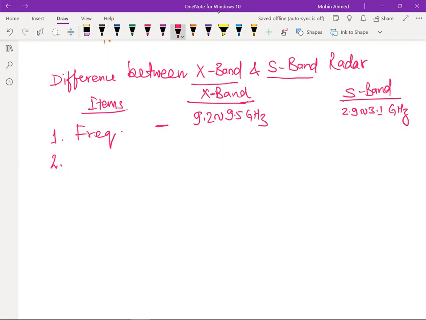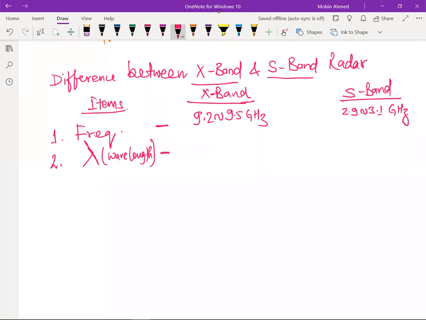Okay. Then, if you know the frequency, then you know the wavelength. Wavelength is lambda. Correct? This is lambda. So if you know the frequency, you can find out the lambda because we know the speed.